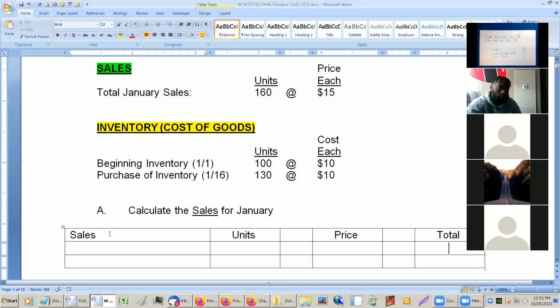Okay. So our sales for January. We sold 160 units. That's just this. And we sold each of them for that.